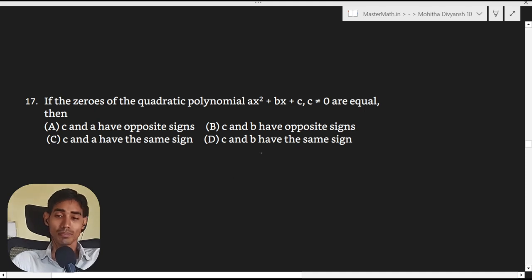What are you trying? 4? X squared plus 4x plus 4.